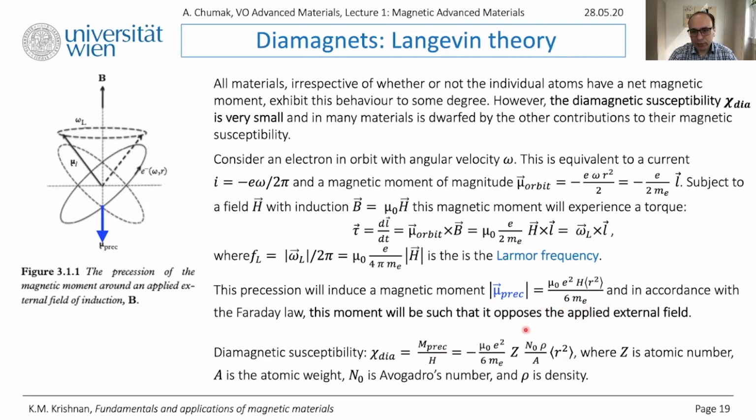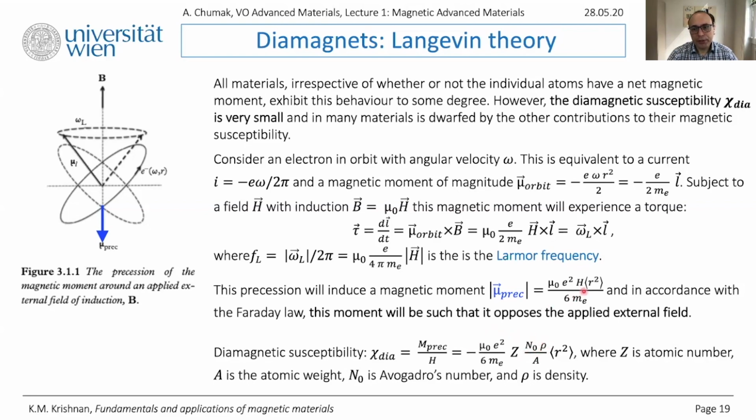That's why in this formula we see parameters such as the atomic number, so how many electrons you have in your system, and also the magnetization, which is the total magnetic moment per volume. Therefore, we also need these two parameters: rho, which is the density, and n0, which is the Avogadro number.